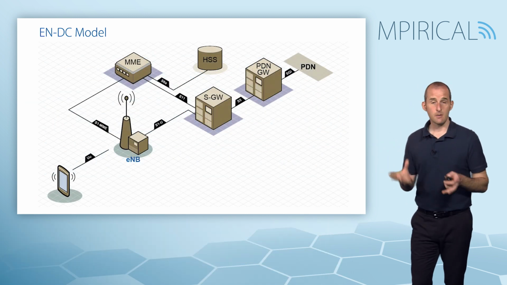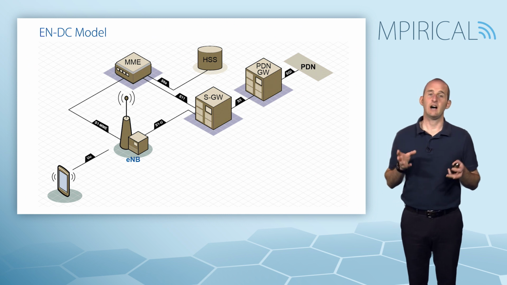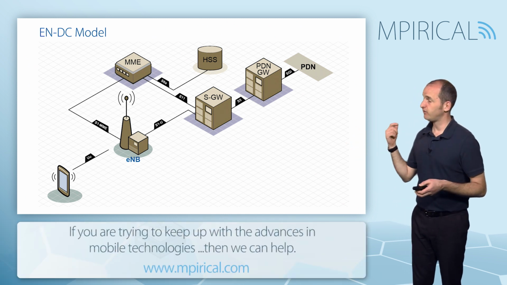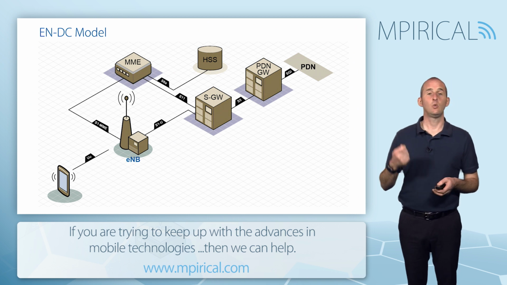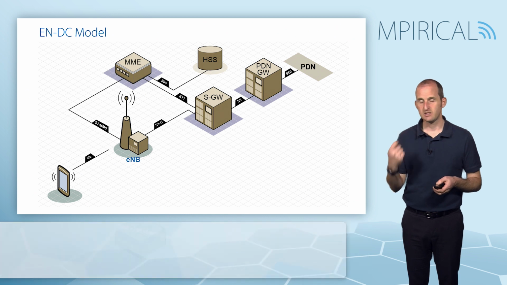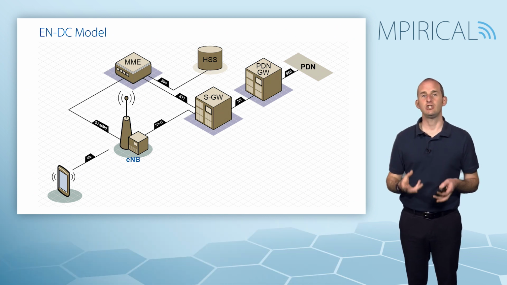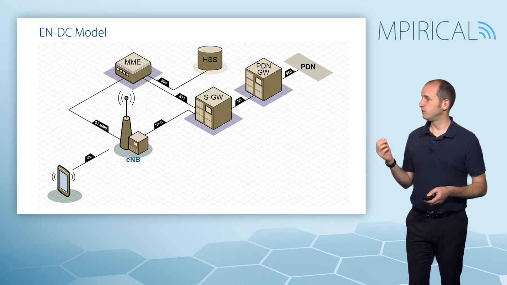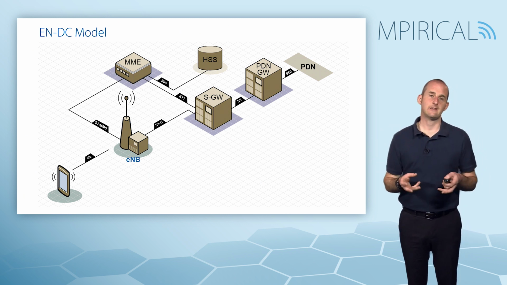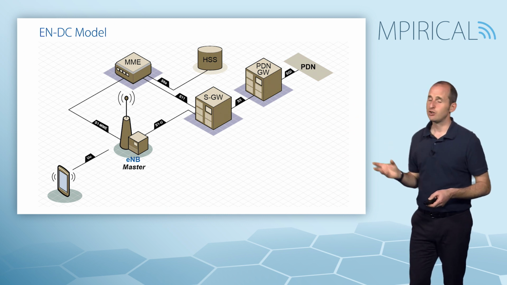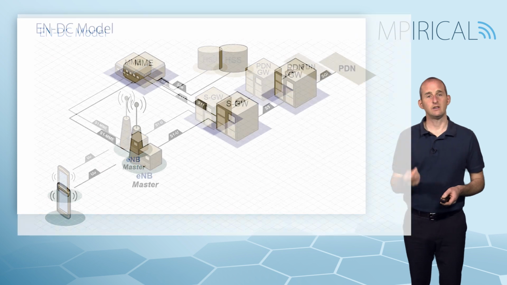Here we've got the typical end-to-end LTE architecture whereby the device is functioning as a 4G device. It's using 4G NAS signaling with the network. So with ENDC, the device will still continue to use 4G NAS. The way that 5G is introduced is through a dual connectivity process. So you can see our eNode B here is functioning as the master RAN node.